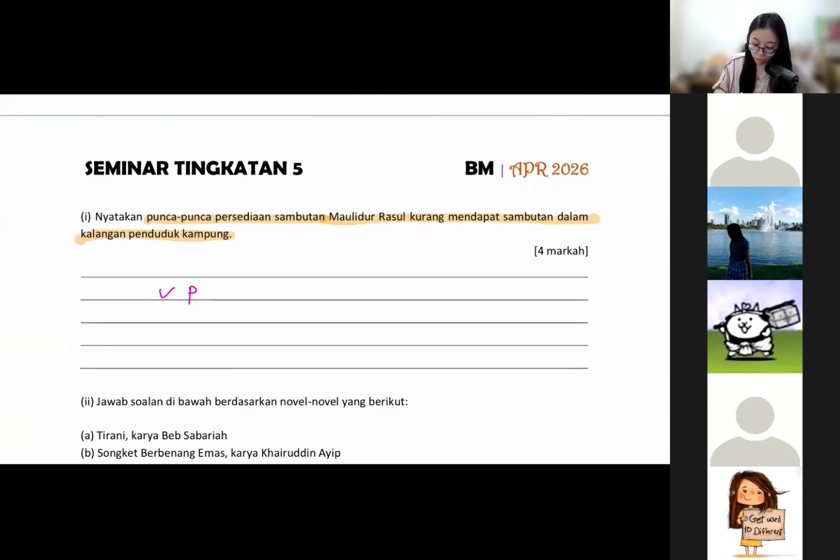So you can say penduduk kampung terperap, which is like hiding, closed in their own house, sitting at their own house, di rumah untuk menonton televisyen. I write in point form, but in the exam you have to write in full answer.